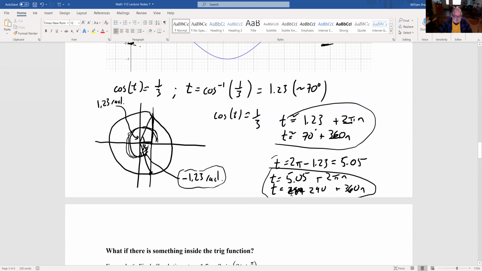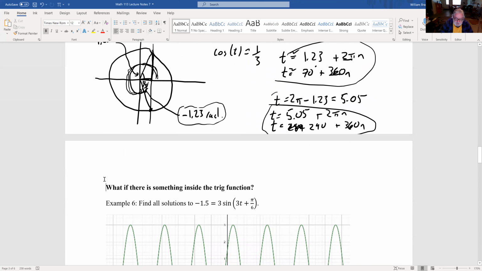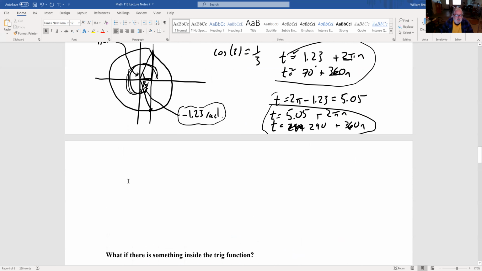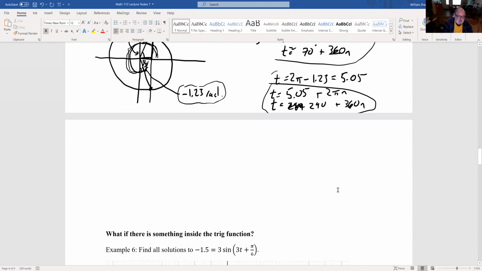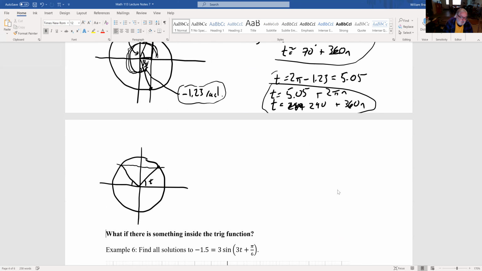So I'm going to move this down a tad so I can draw a little picture. What do we see in dealing with sines, cosines, and tangents? When you're trying to solve for sines, if this is one angle that's got the sine that you're looking for, then the other angle is over here, and it's just flipped over the y-axis.